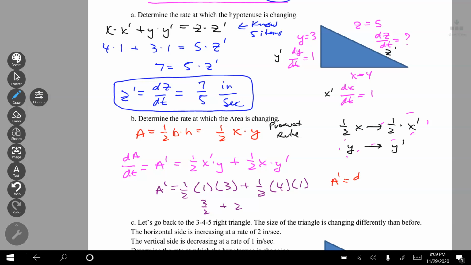A prime, which is my change in area over change in time, is equal to 3.5, or 7 over 2. Well, this was inches per second. This was inches, so I get square inches per second. You need to have units. That is how the area of that triangle is changing, as the x side is increasing by an inch per second and the y side is increasing by an inch per second.